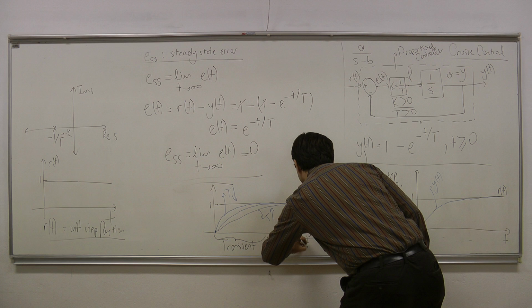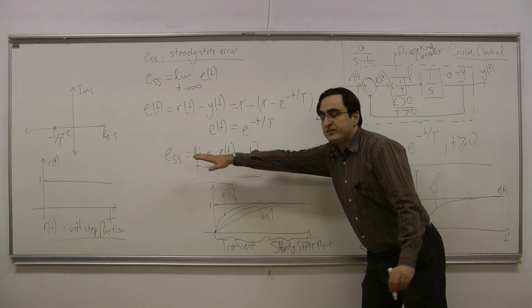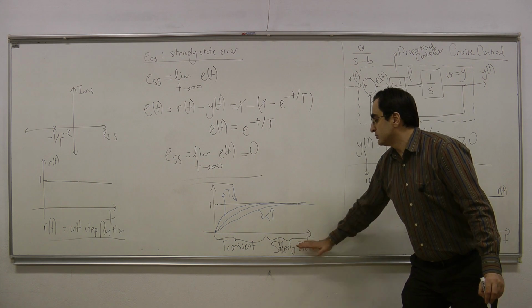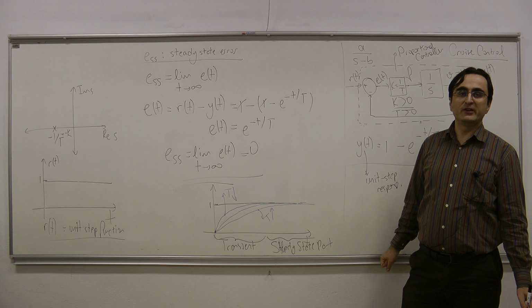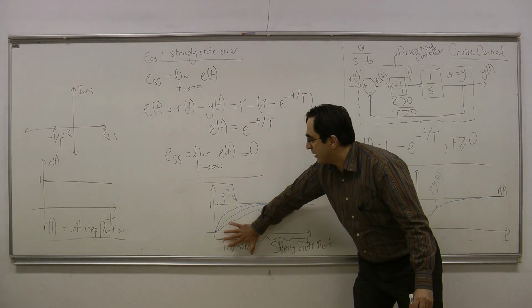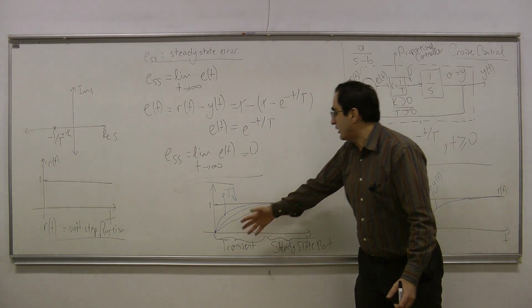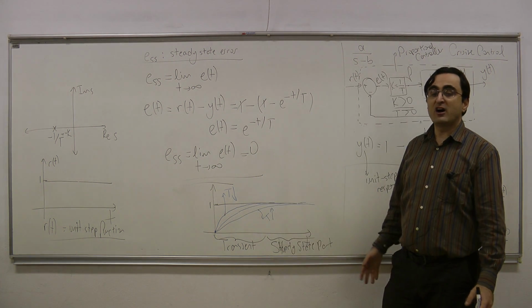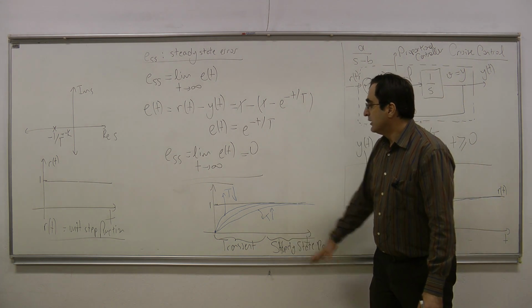Steady state part. So the steady state error is related to the steady state part of the response when time goes to infinity. And the transient part is related to how we reach the steady state part, how fast we reach it.